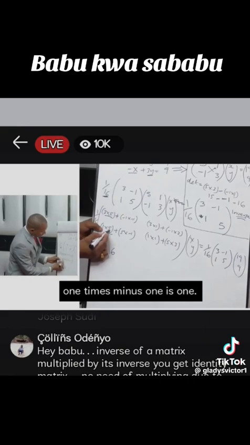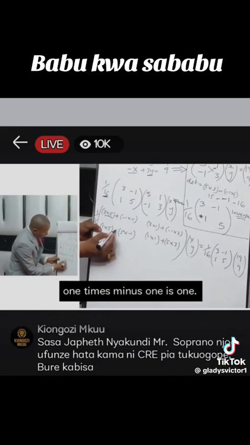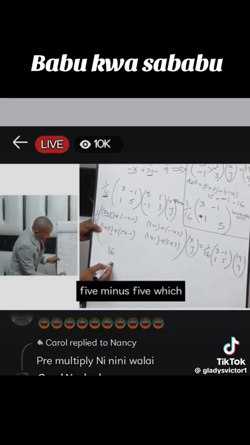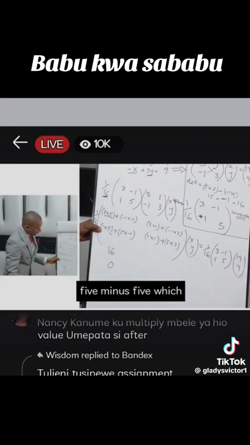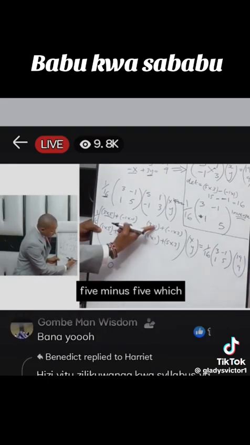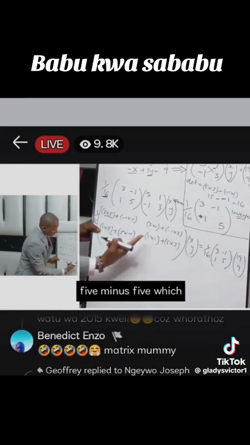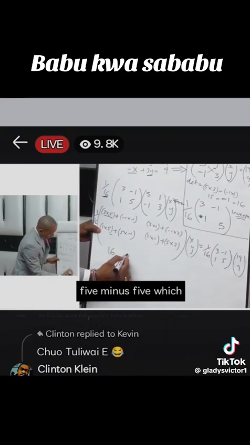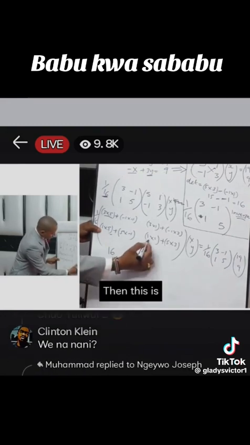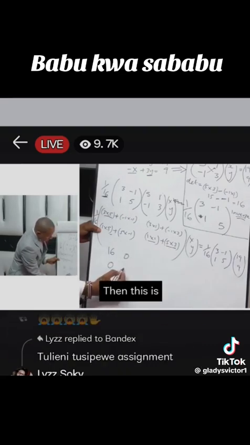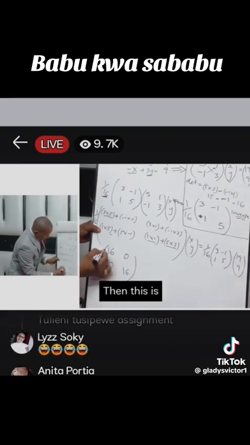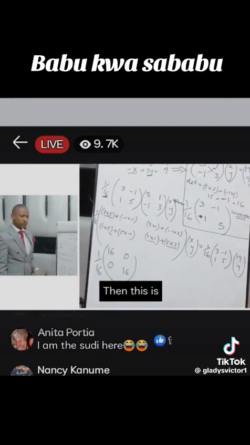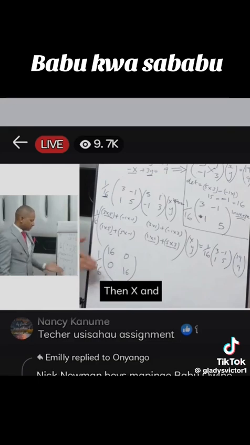Then this is 5 plus minus 5, which is 5 minus 5, which is 0. Then this is 3 plus minus 3, which is 0. Then this is 1 plus 15, which is 16. So there's this 1 over 16 here. Remember, it's also giving us an identity matrix.